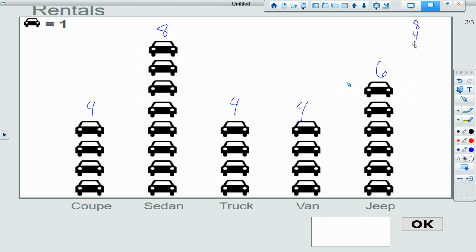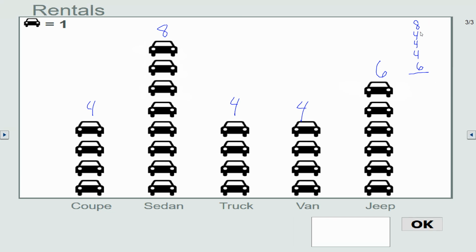We have a 4, a 4, a 4, and a 6. There's a lot of ways to add this up. So if I wanted to, I could take all of those right there, and that becomes a 12. And when I put the 8 with it, what does that become? 8 and 12, it becomes 20. Move that 6 over, we end up with 26.